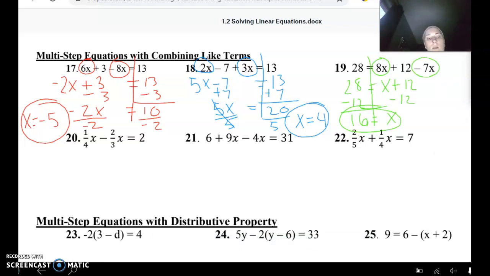So in number 20, we have two fractions that are being subtracted, but they have different denominators.